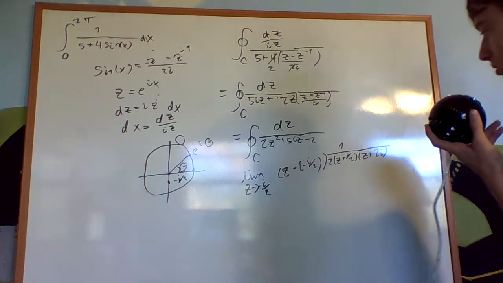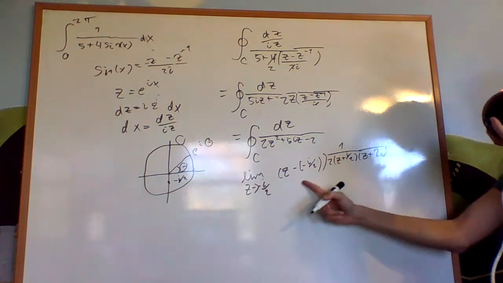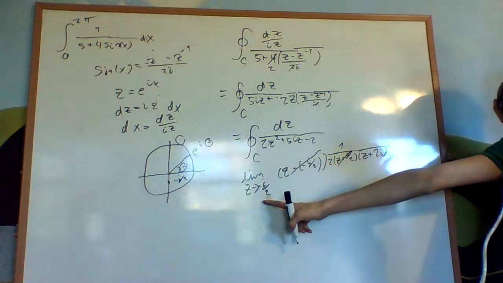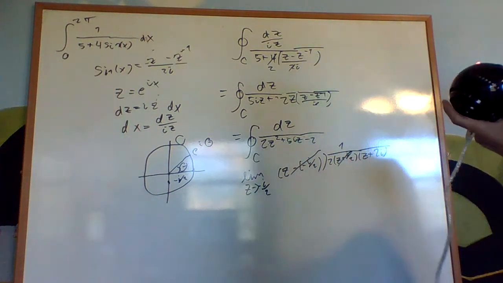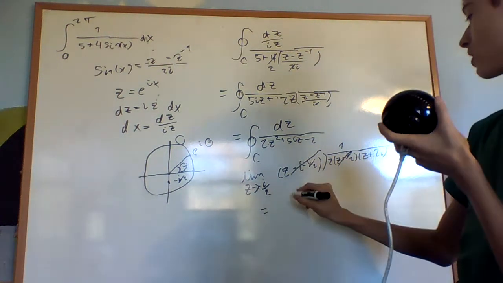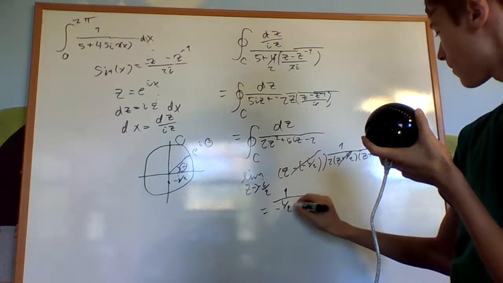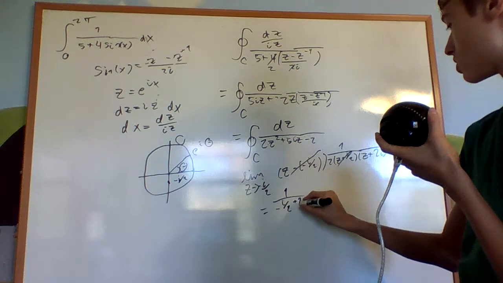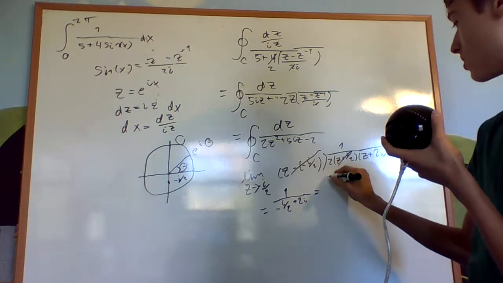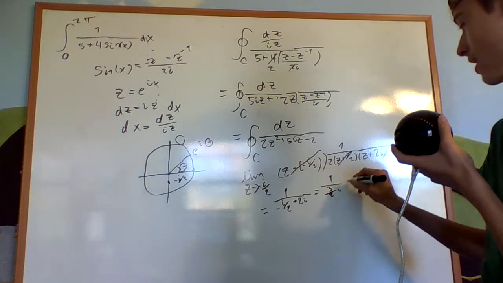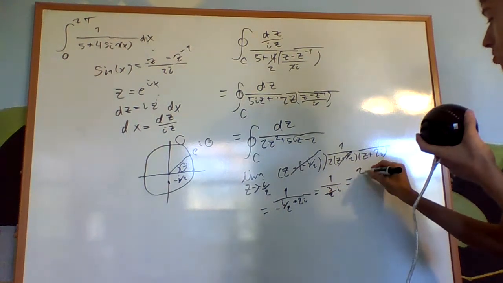Oh, but look at those. Those are the same. I can cancel them out. Now I can plug in z equals negative i over 2, which gives us 1 over (negative i over 2 plus 2i), which is 1 over 3 halves i, which is 2 over 3i.